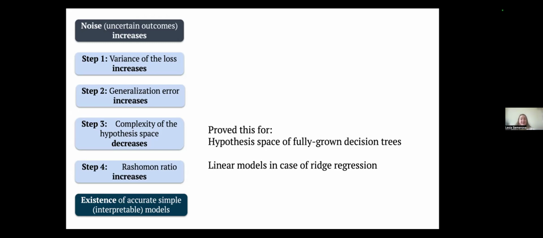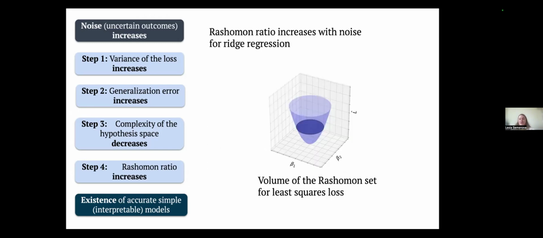The first interesting observation is that for ridge regression, we can measure the Rashomon set in closed form. So let's take the least squares loss. Here is a simple plot in 3D where we have the loss on one dimension, and then two parameters that parameterize the linear model space. Recall that we are looking at our best performance plus some threshold.